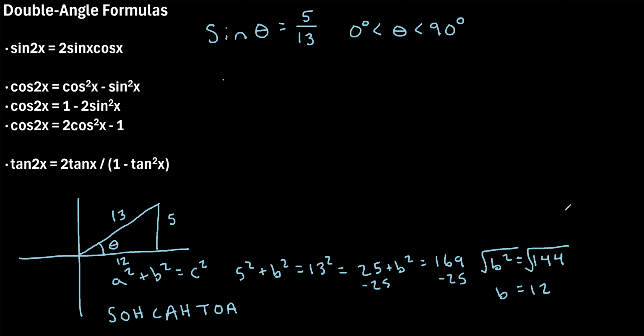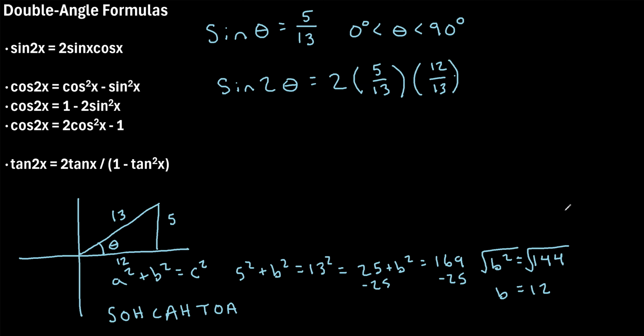So let's start with sine of 2 theta. How can we figure that out? Well, let's use this formula that we have. 2 times the sine of theta. So we know the sine of theta is 5/13 times the cosine of theta. So the cosine, that's calculated as the adjacent side over the hypotenuse. So the adjacent side is 12 over the hypotenuse is 13. So 12/13.